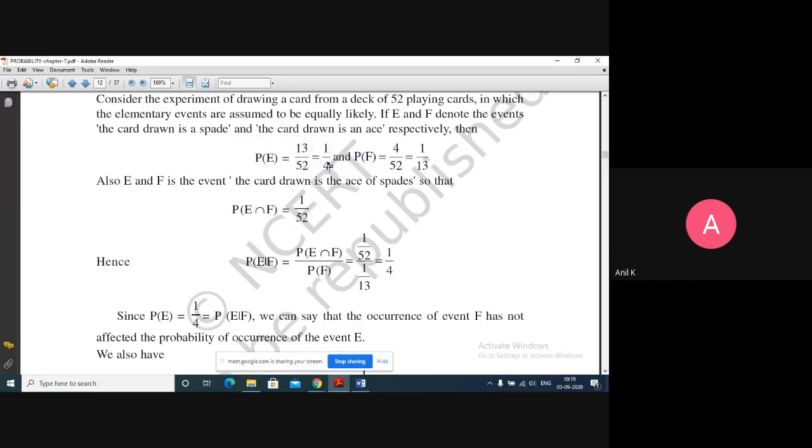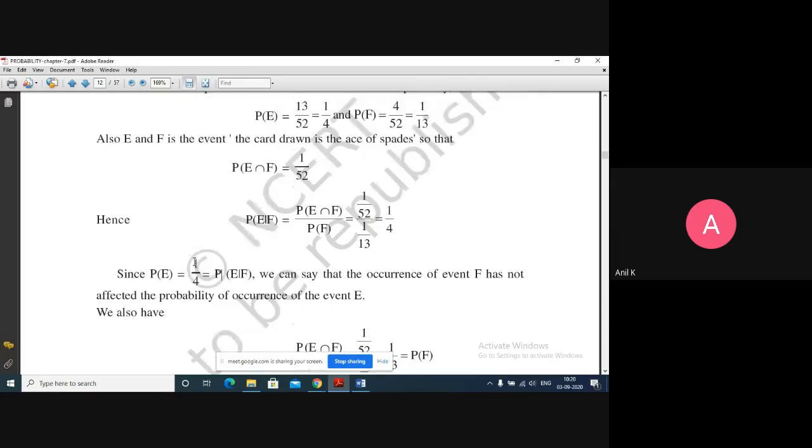I don't bother whether F has happened or not. In the first case, when I found P of E and P of F, for P of E I don't think whether F is happened or not. Just the probability of getting the spade card is 13 upon 52, 1 by 4.